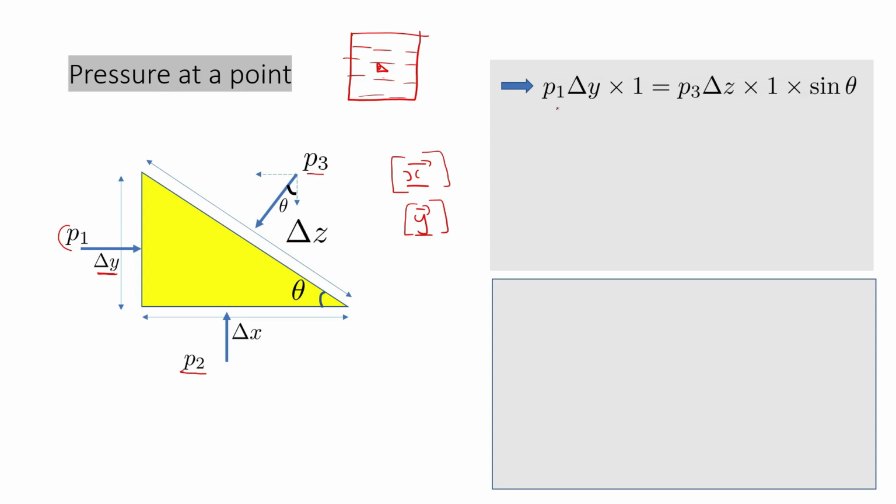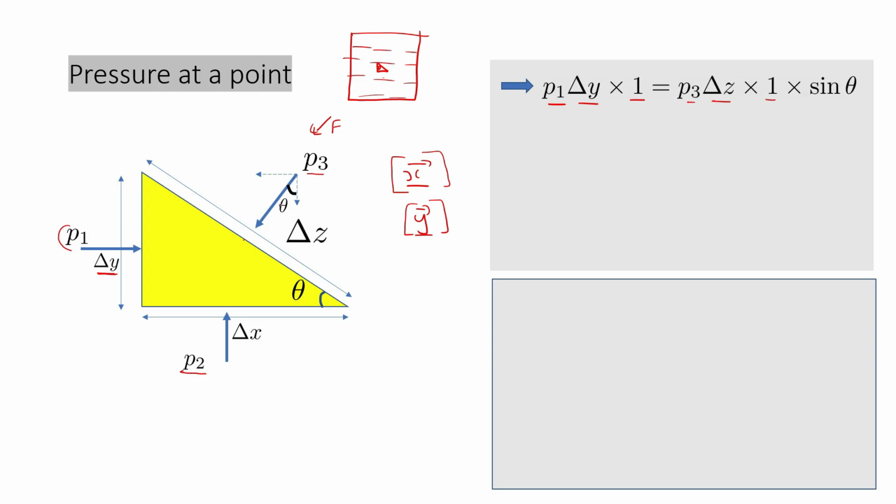So that is equal to P1 into delta y into 1. And what is the force in this direction? F is equal to P3 into delta z into 1, where 1 means the depth, that is unity, which we have taken as unity.